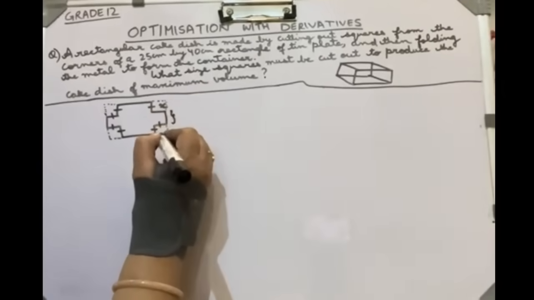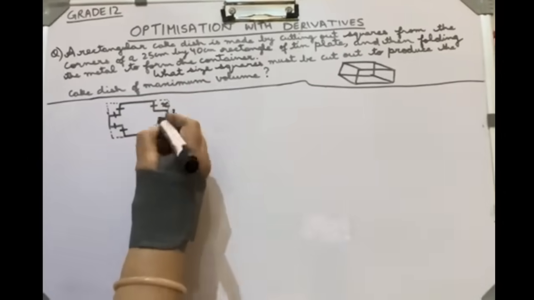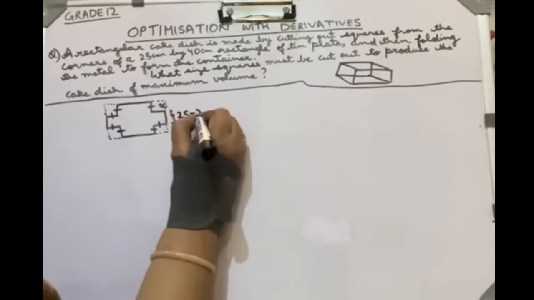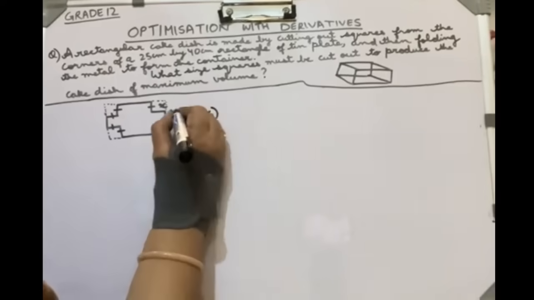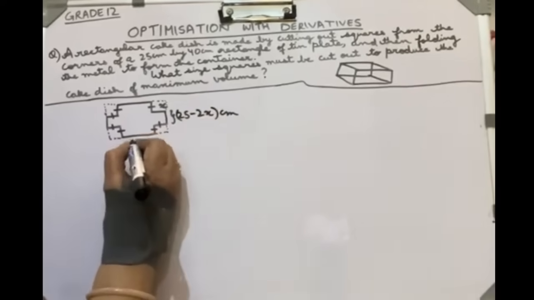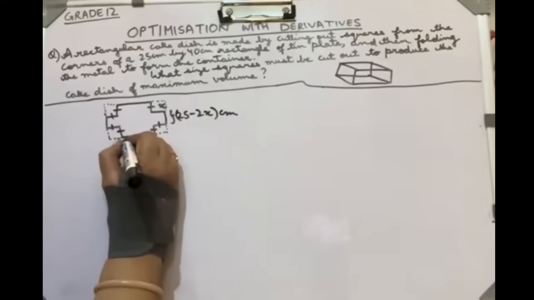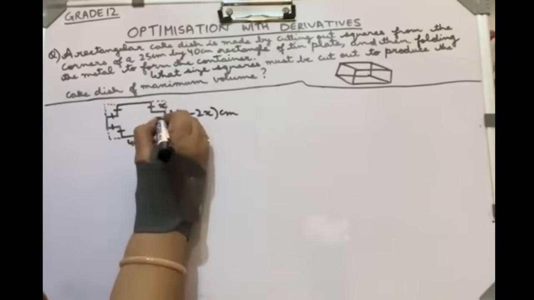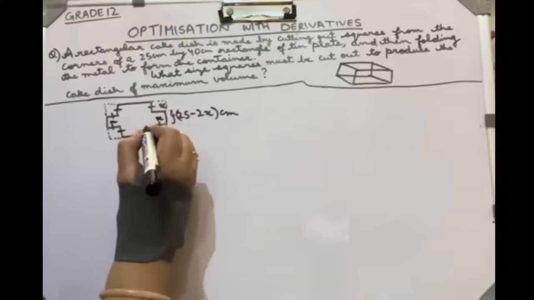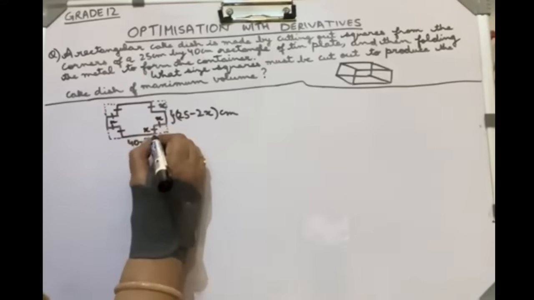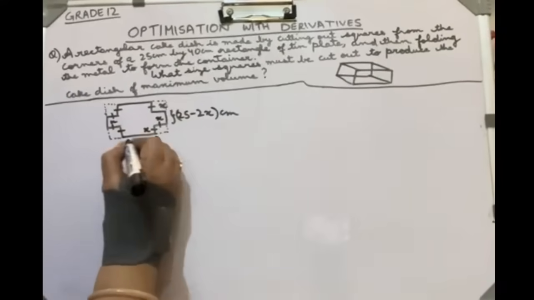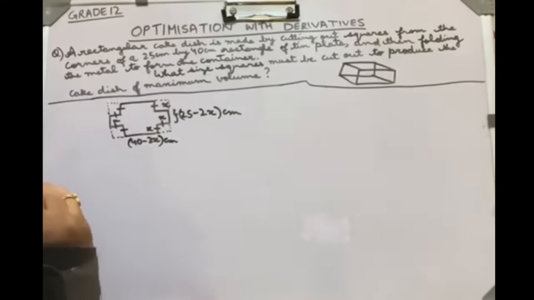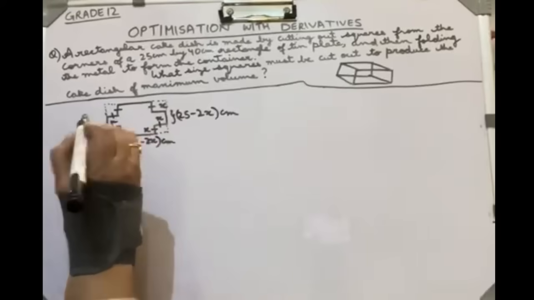If the side length is 25 cm here, then the value here is 25 minus 2x centimeter, and here it is 40 minus 2x, because this is x and this is x. So this part, the length, is 40 minus 2x centimeter.